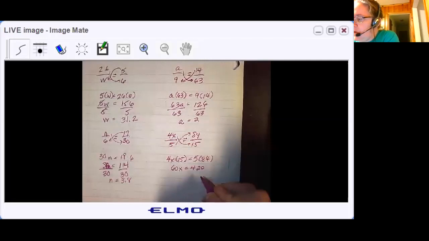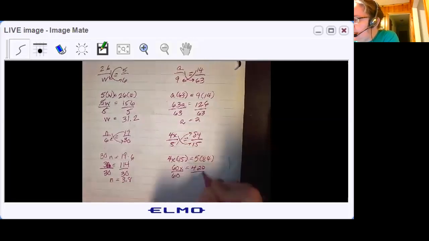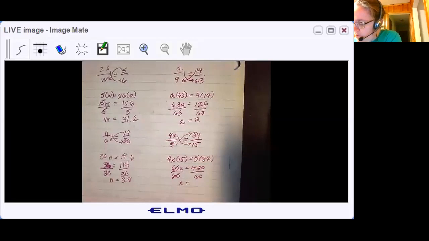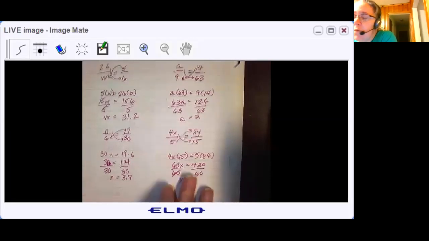So I've done my cross multiply. Now let's do our divide. Divide both sides by 60 so that I get my x by itself, and x equals 420 divided by 60, which is 7.